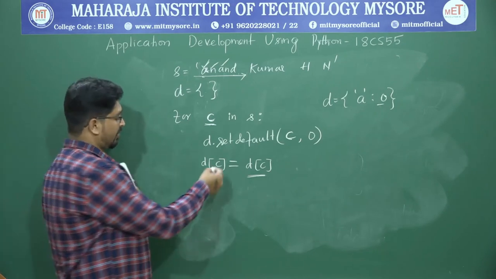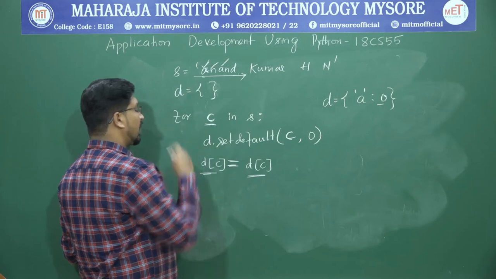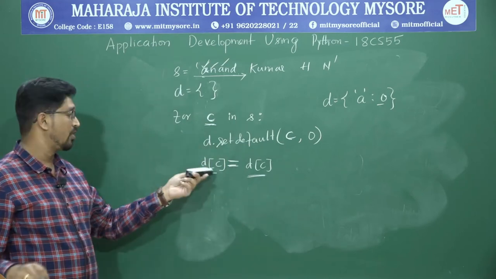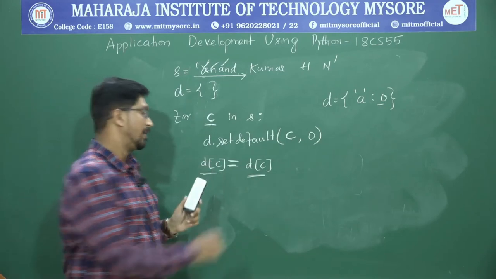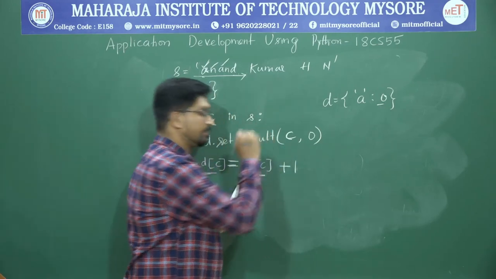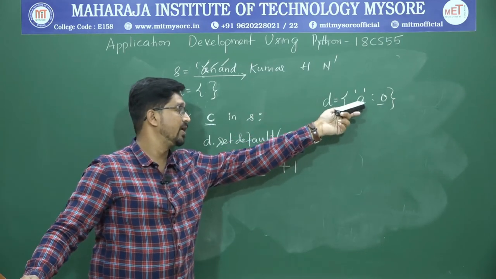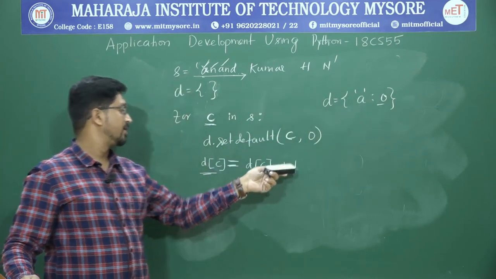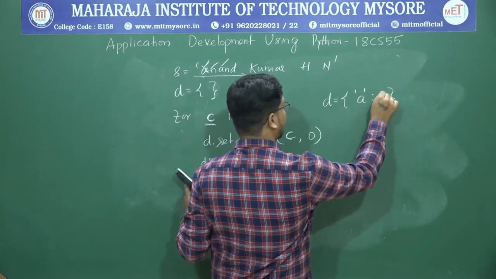It is not like that. When you write assignment, the left hand side means you are assigning something to D of A. You are assigning D of A plus 1. Initially D of A is 0, then 1 gets added, and that will be stored to D of C. Then this character becomes 1.